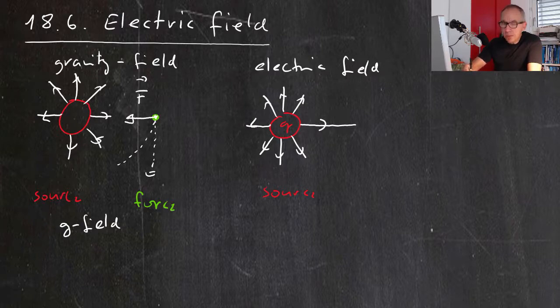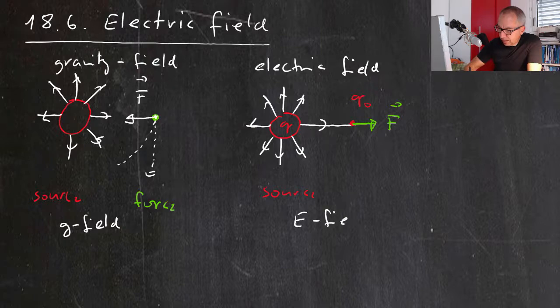And if we place another charge here, let's call that Q0, this charge is positive, so it will be repelled, experiencing a force to the side here. So again, we have the source, then we have the electric field, some sort of in between, and as a result we have the force.